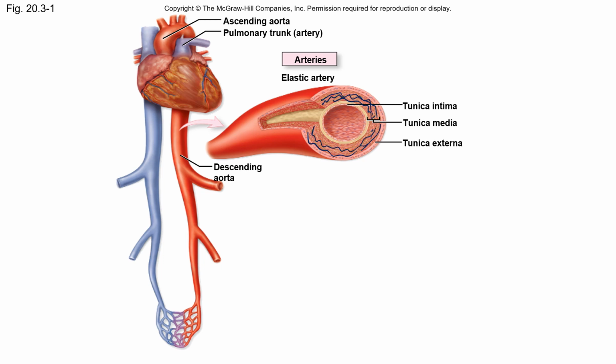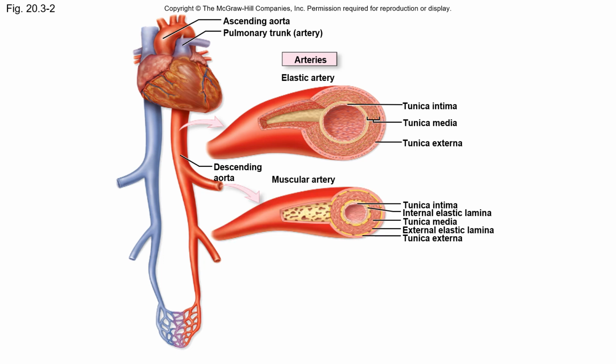The tunica media is almost entirely elastic fibers. Most arteries that branch off of that are muscular arteries. That means they have just a very thin bit of squiggly elastic fiber on the outside and on the inside, and everything else is smooth muscle tissue.